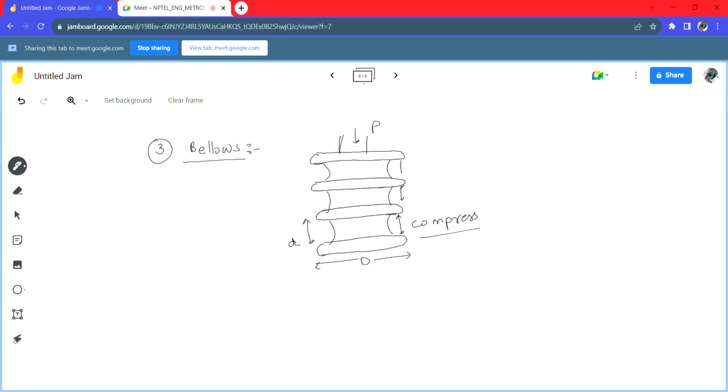All these will start facing compression, and this D will now change to D dash, and delta D will correspond to D dash minus D.